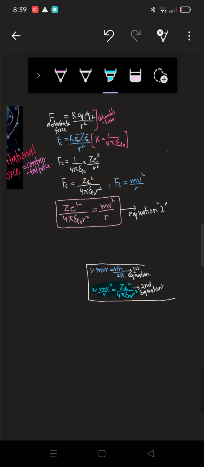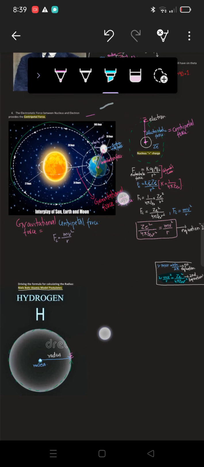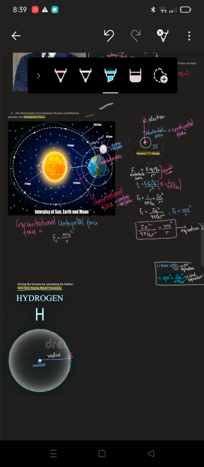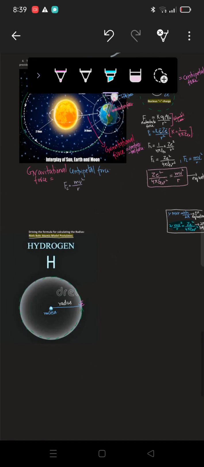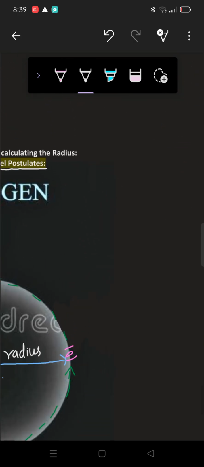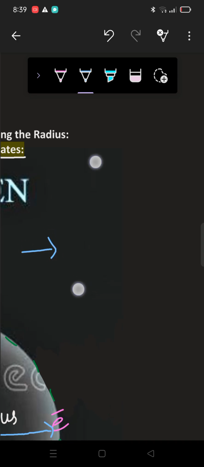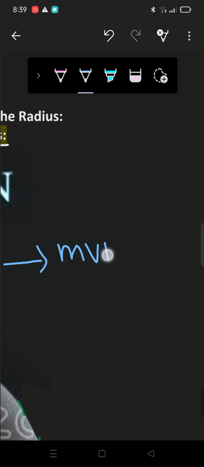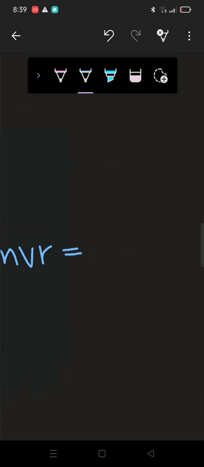Okay, so now we have written our two equations here. The first equation is mvr is equal to nh by 2 pi, and the second equation is mv square by r is equal to Ze square upon 4 pi epsilon naught r square, right? So now we need to calculate the radius. Let me write the first equation here: mvr is equal to nh by 2 pi.